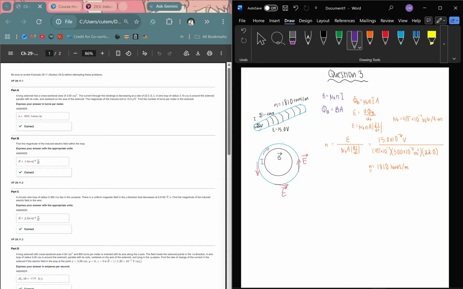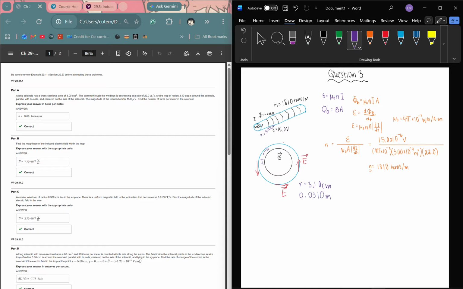So we also know the radius. I think I forgot to write it up here. The radius of the loop is 3.10 centimeters, which we knew from part A. Let's convert it to meters, which is 0.0310 meters.